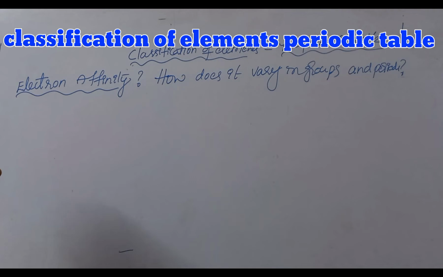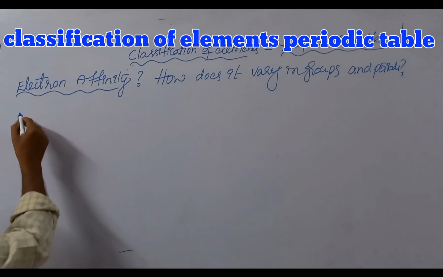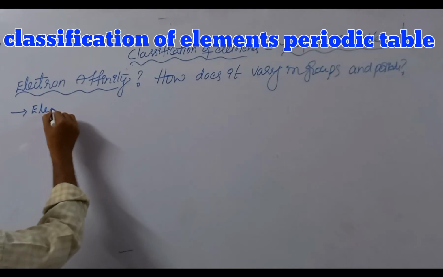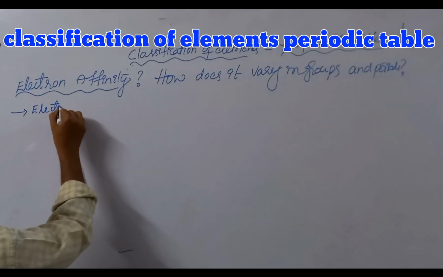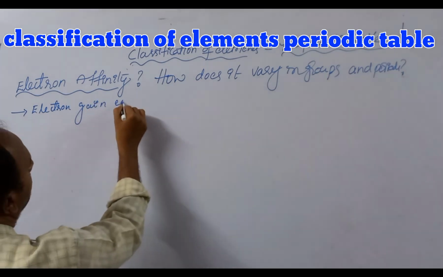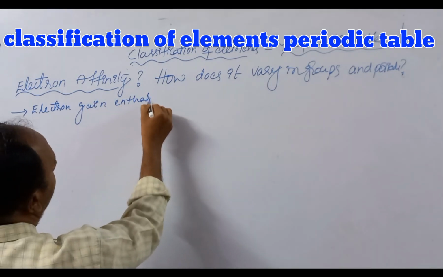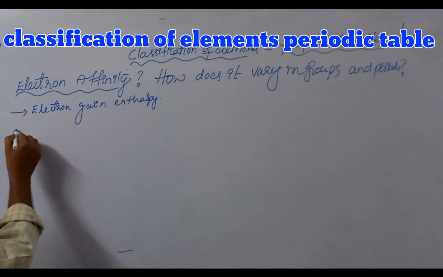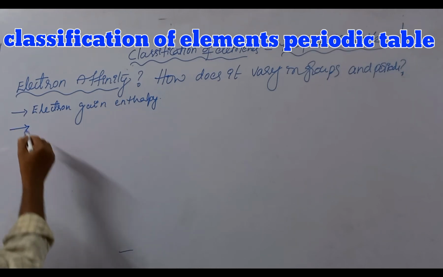Now, what about electron affinity? Electron affinity can also be called electron gain enthalpy. So, another name for electron affinity, students, is electron gain enthalpy. But what is the definition of electron affinity?